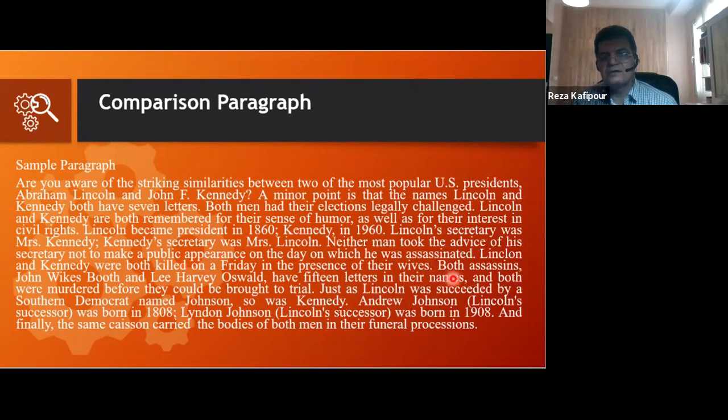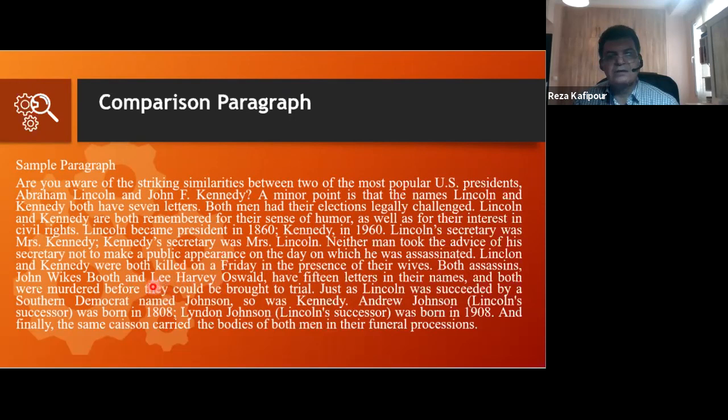Next major supporting sentence: both assassins, John Wilkes Booth and Lee Harvey Oswald, have 15 letters in their names. Again, using both to show similarity, but between what? Between the number of letters the assassin of Kennedy and the assassin of Lincoln had.